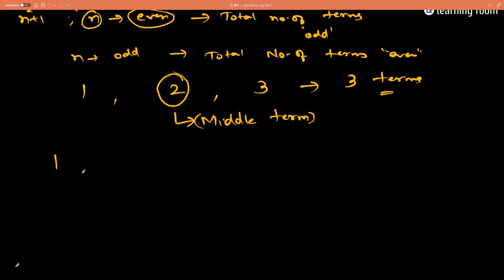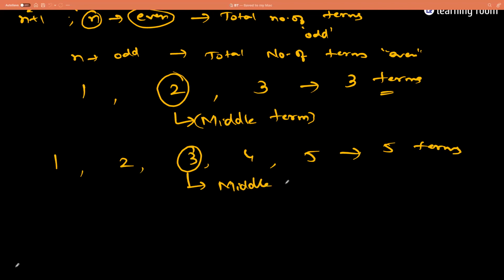So if I have 1, 2, 3, 4, 5, 5 terms, 5 is an odd number. What is the middle term? It is 3. So what is the lesson learned from this? If you have a total of an odd number of terms in the expansion, the middle term can be found easily.